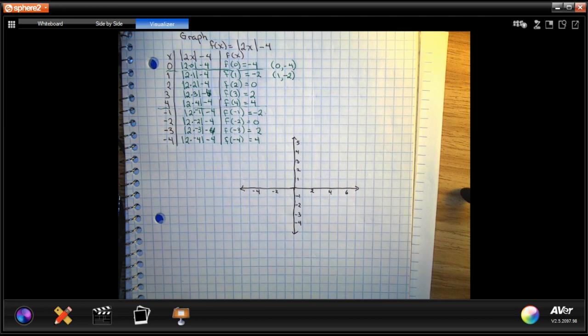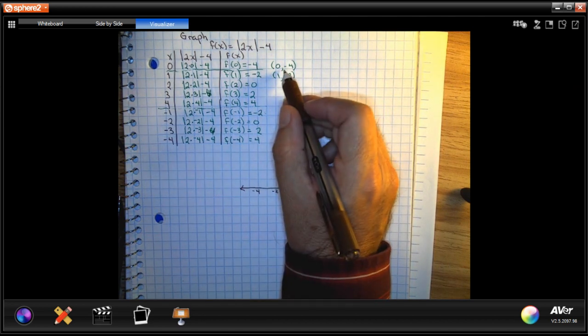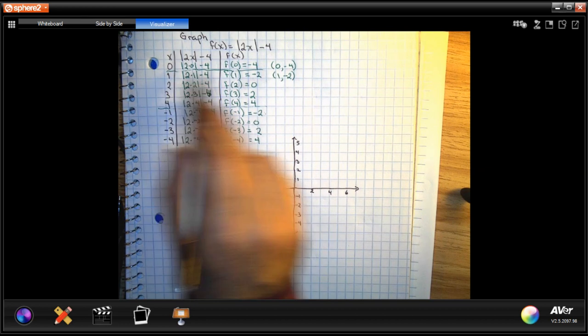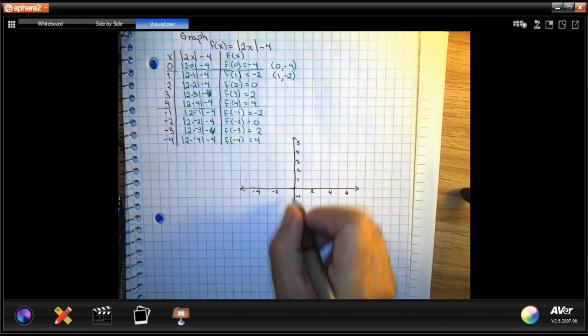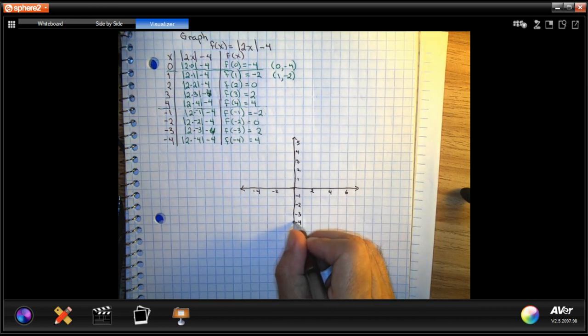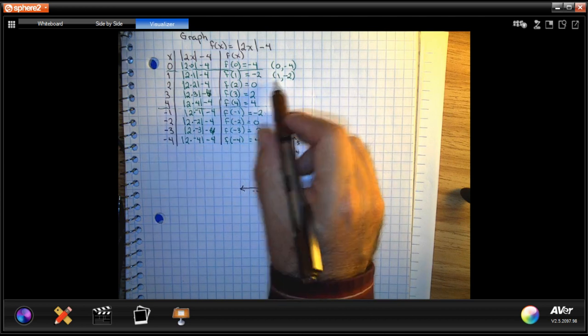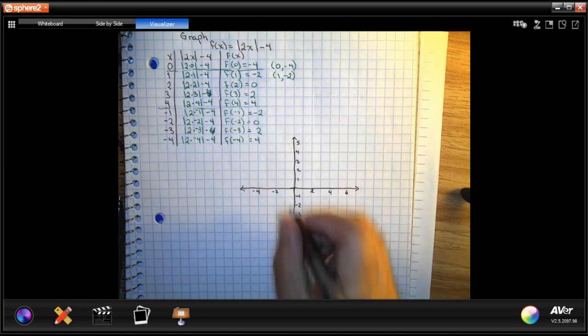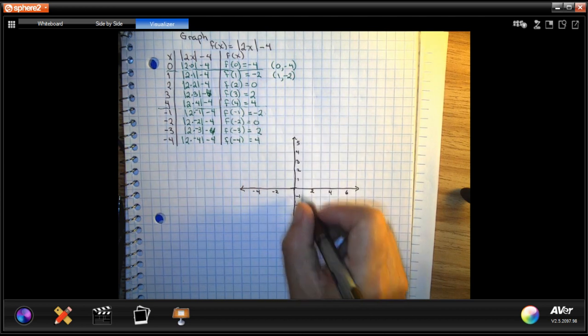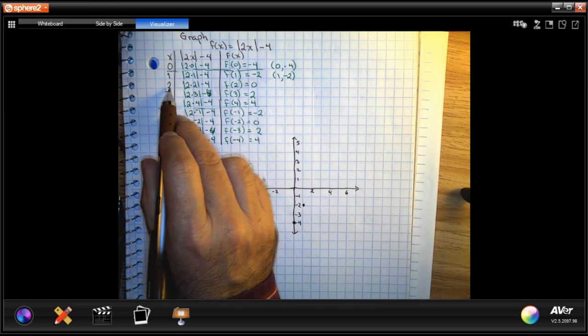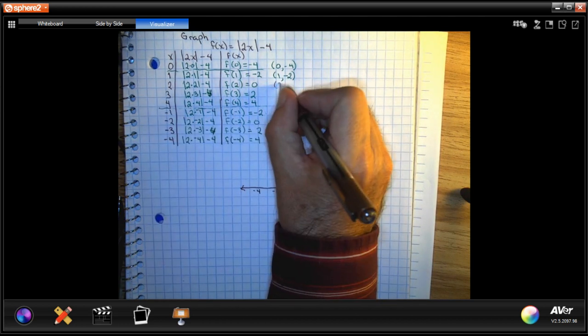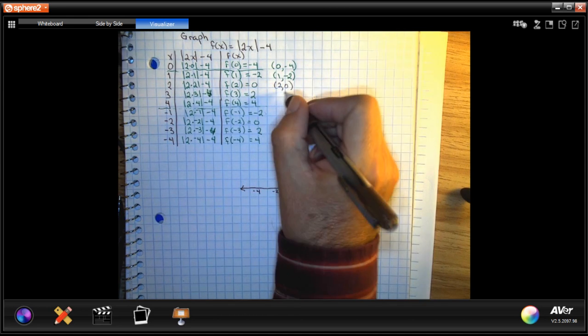So I'm going to plot some of these points. We've got the point 0, negative 4. The point 1, negative 2. The point 2, 0.